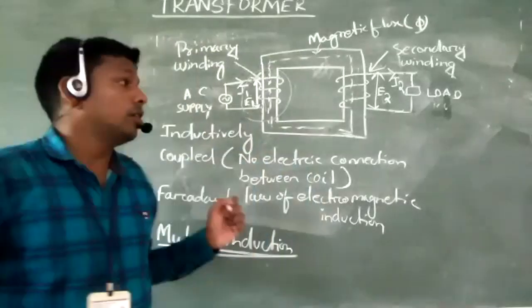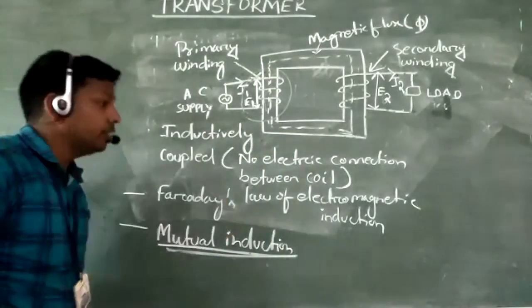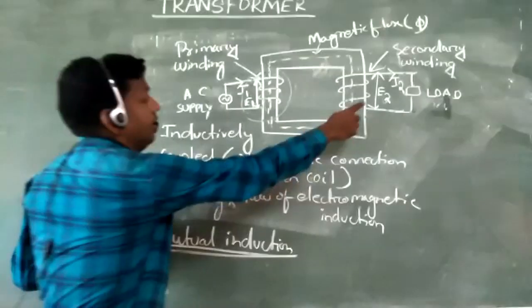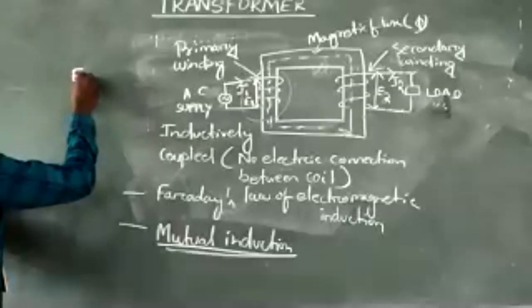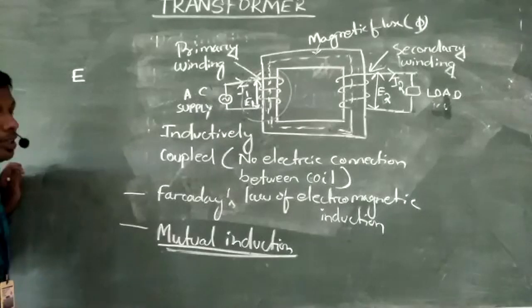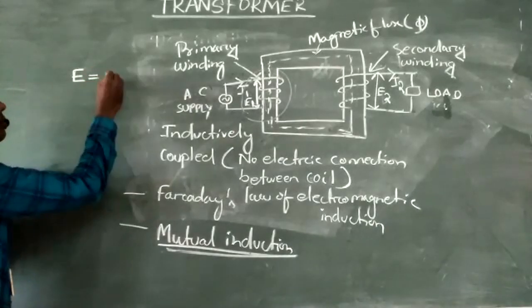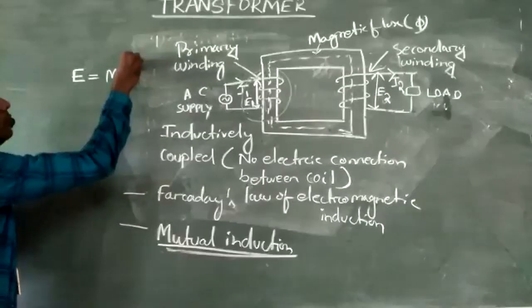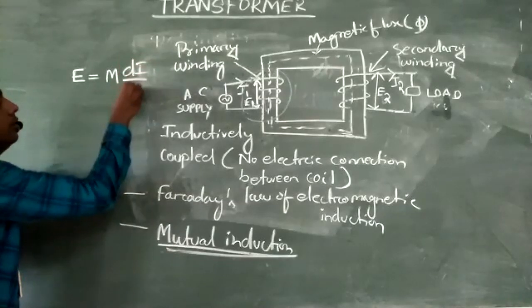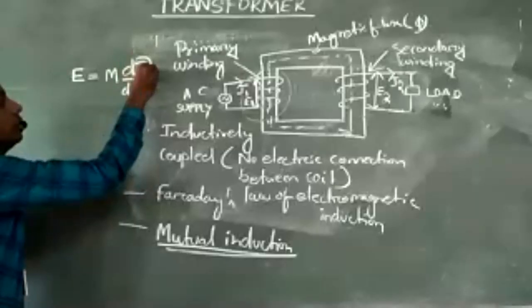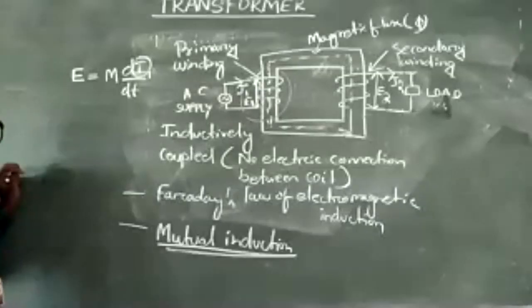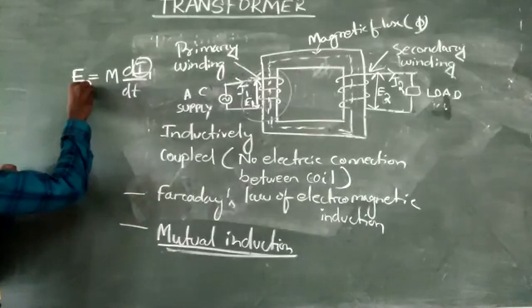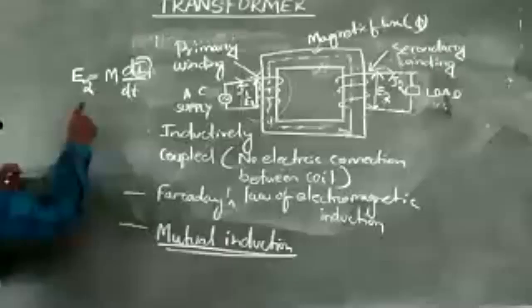So here we can see the value of E2. The EMF of the secondary side is given by M di by dt, where the current is linking to the primary side, but the voltage is set up on the secondary side.